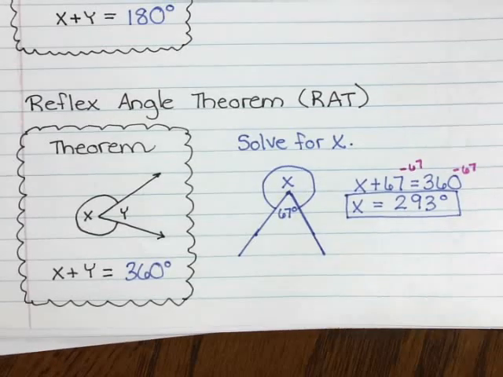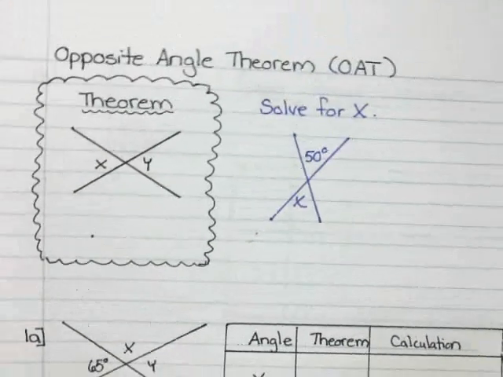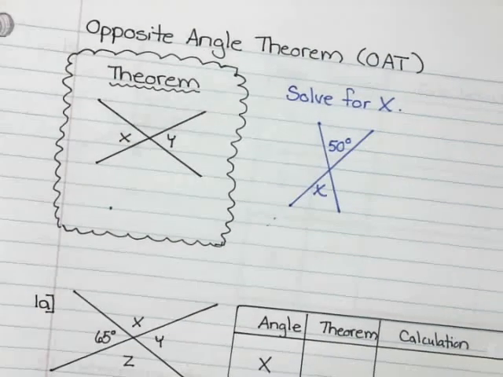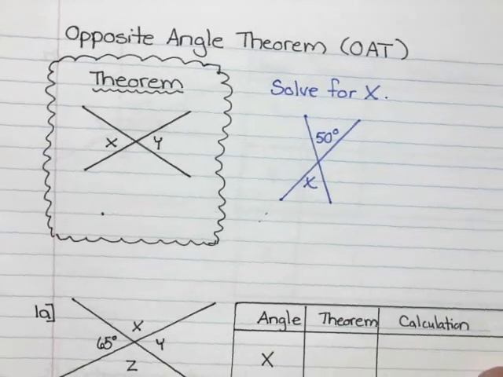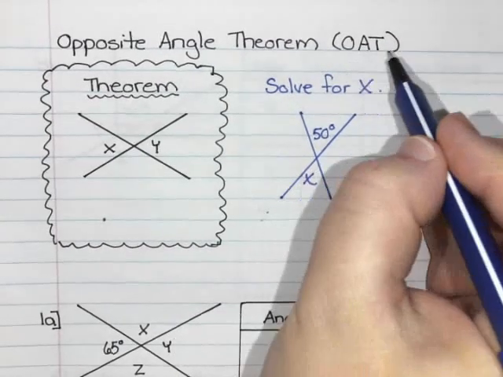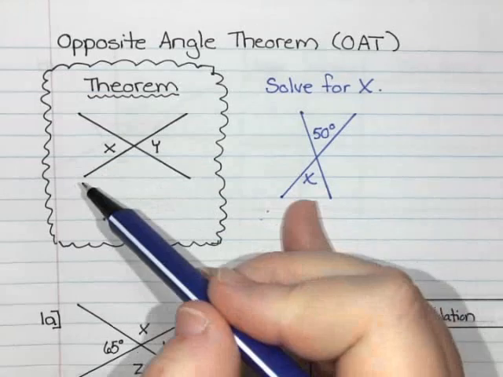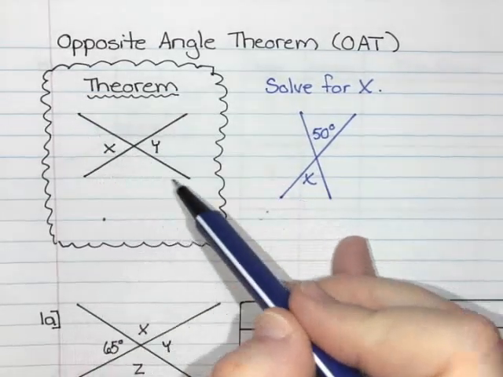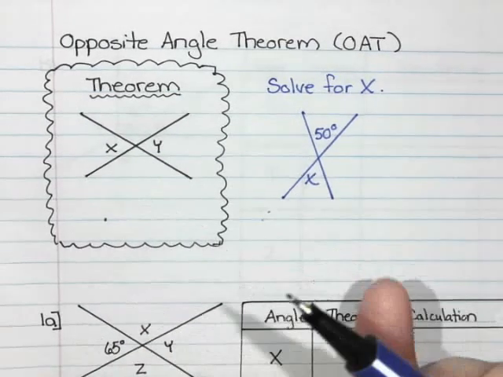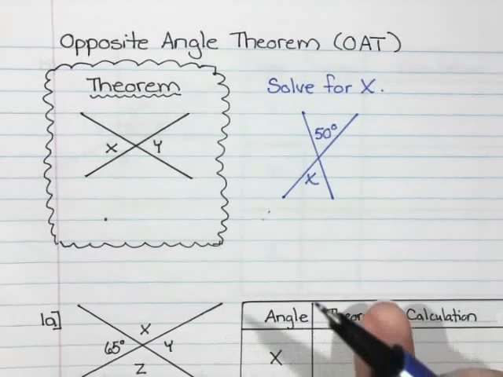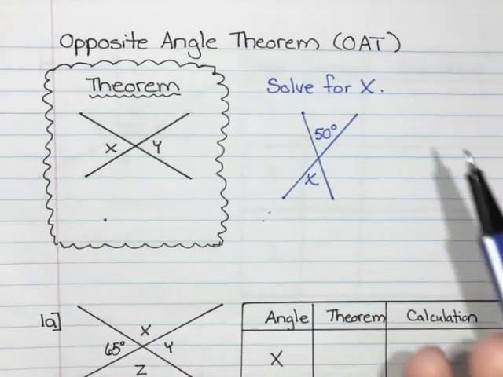Now there is one more theorem. This is my personal favorite out of all of the geometry theorems that we learned, and that is the opposite angle theorem. The opposite angle theorem, otherwise known as OAT, says that if you have two perfectly straight crossing lines, you probably could have called this X theorem, but that's not what this is called. It's called the opposite angle theorem.